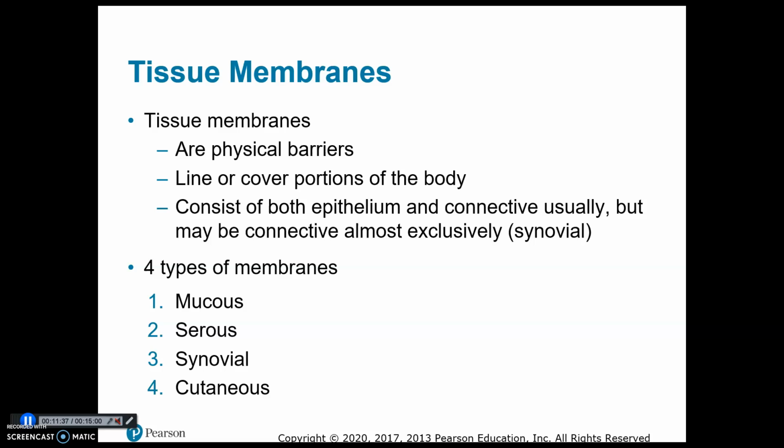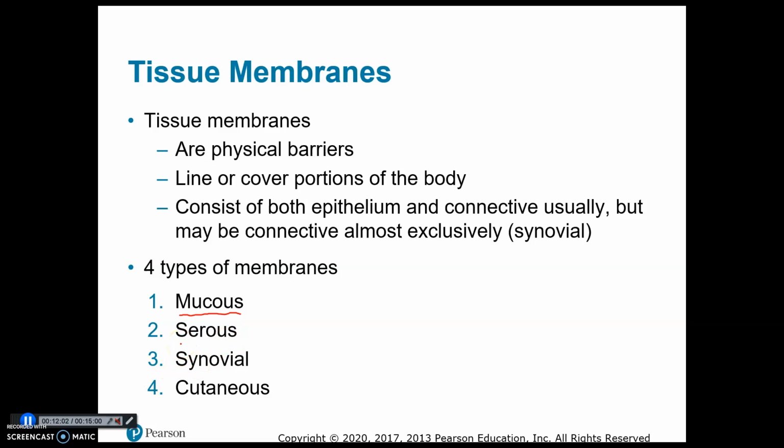And then we have a section on tissue membranes. And I've talked about these a little bit. There are 4 types of tissue membranes. There are mucous membranes, which you find, for example, lining the respiratory tract, lining the urinary tract, the digestive tract, reproductive tract.